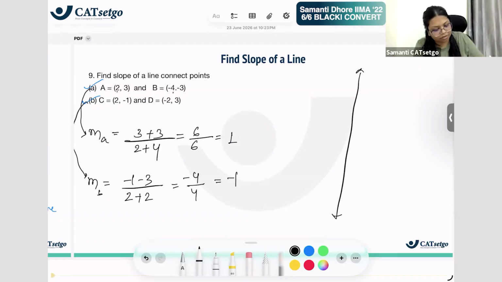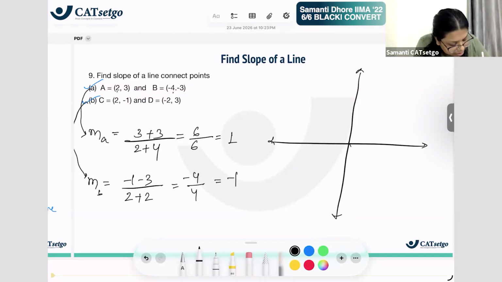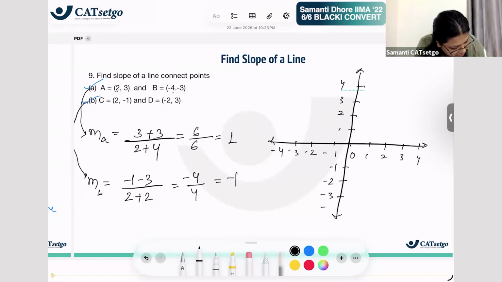Positive and negative slope, let us confirm this with our rough Cartesian plane also. Okay, 0, 1, 2, 3, 4, minus 1, minus 2, minus 4. I'm trying to keep it as symmetric as possible. Here you plot A as 2, 3, which is here, and you plot B as minus 4, minus 3.